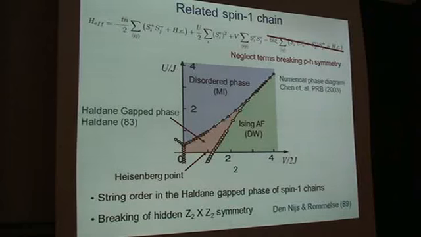Excuse me. If we were to start with the original bosonic model, in the limit of large U, wouldn't it map to the problem of spin 1/2? Yeah, but in the limit of large U, no, because it's an integer filling, right? Away from integer filling, it would map to spin 1/2.